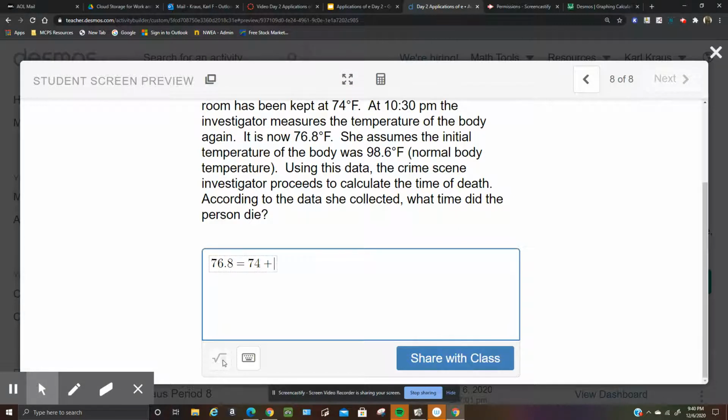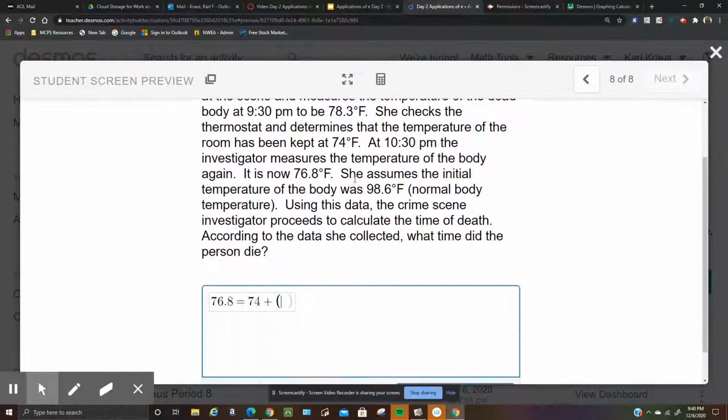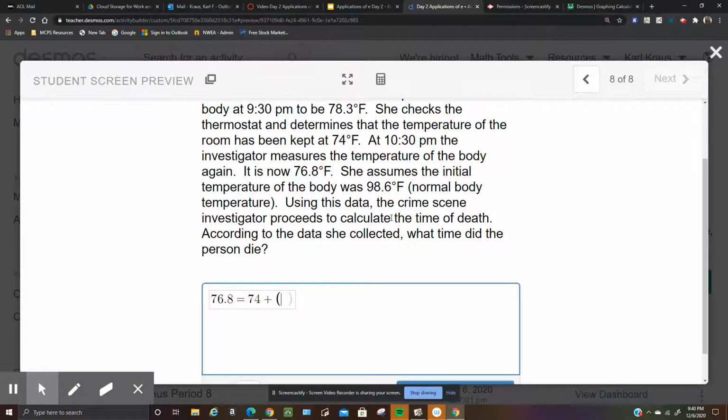And then plus the initial temperature of the body is up here, 78.3, minus the ambient temperature, the room temperature. Then E, and you don't know what K is, so you're going to find out what it is.